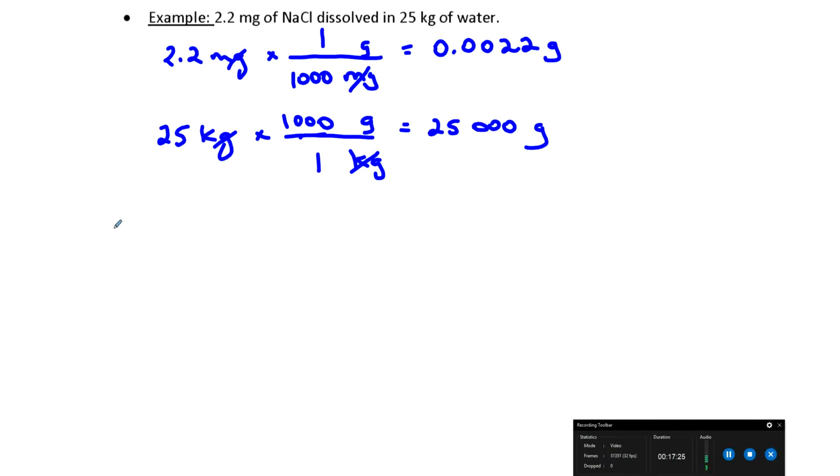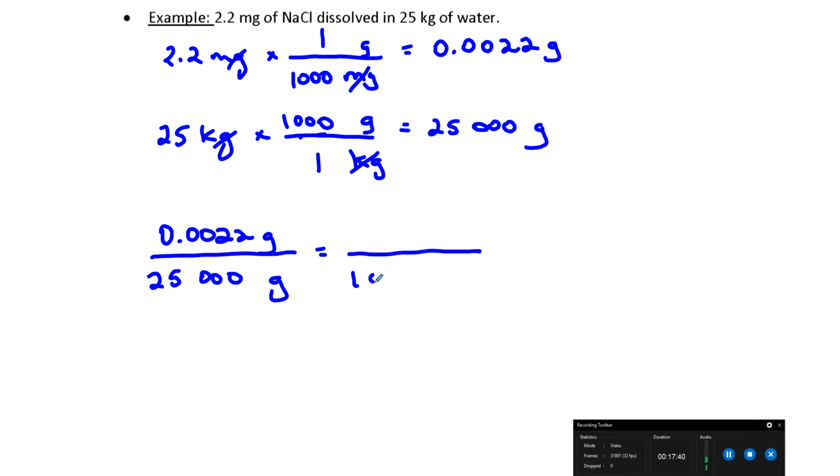Okay, so now we're going to set up our equivalent fractions. So we have 0.0022 grams per 25,000 grams. What is the equivalent fraction if we're dealing with 1 billion grams or parts? So you're going to crisscross. This time we'll move over 9 zeros.